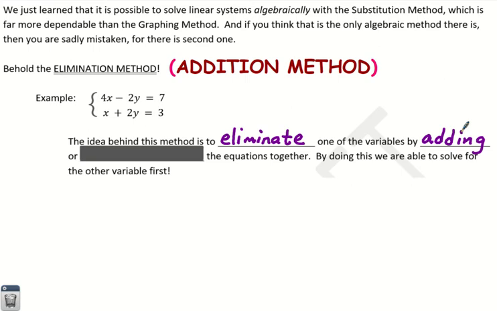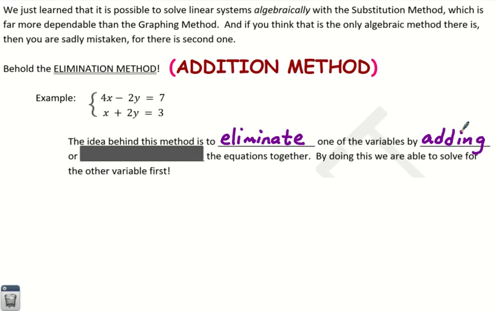By doing this, we are able to solve for the other variable first, which is kind of similar to the substitution method. Remember, in the substitution method, after you did that substitution step, you'd have gotten rid of one of the variables for a second, which allowed you to solve for the other one. You know what I mean? This is going to be very similar.